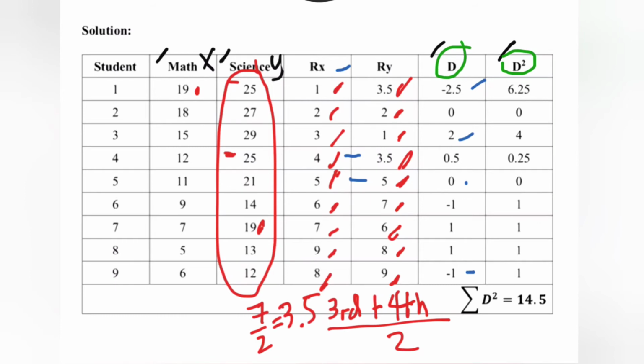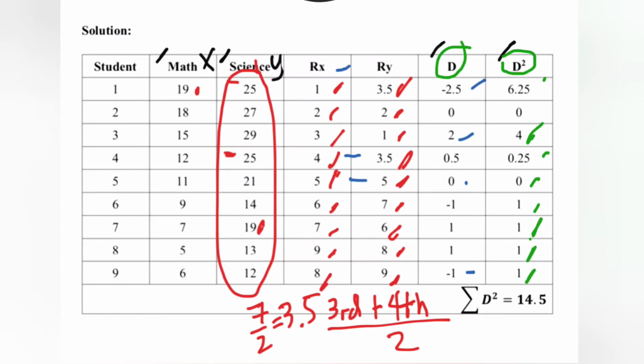So, therefore, negative 2.5 squared, the answer is 6.25. 0 squared is 0. 2 squared is 4. 0.5 squared is 0.25. 0 squared is 0. Negative 1 squared is 1. 1 squared is 1. 1 squared is 1 and then negative 1 squared is 1.